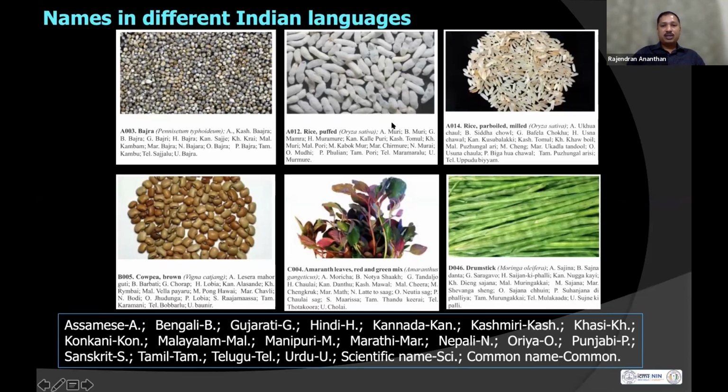I also tried to collect the script in each language, but unfortunately I could not. I collected most of the languages, but was unable to validate them. The validated language scripts I will include in our databases. Now we are developing an Indian food composition database which is user friendly, and that will include the script of each language as well.